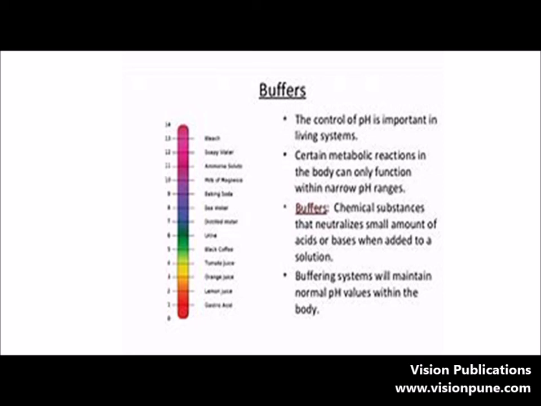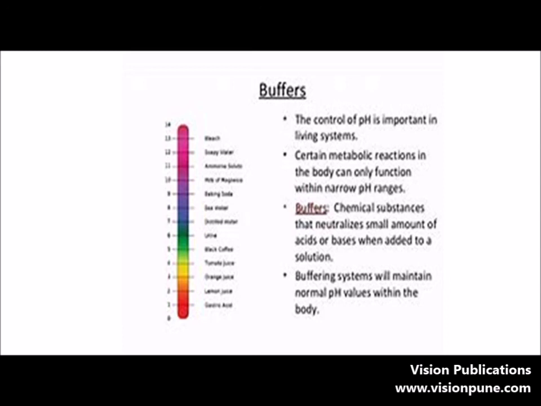Every system has its own metabolic reactions, and these metabolic reactions or body functions depend on narrow pH ranges. If the pH goes very high, there will be total destruction.